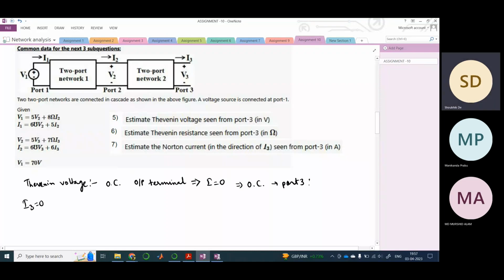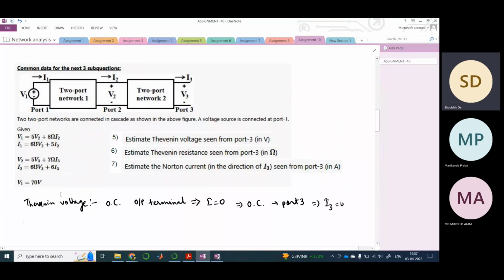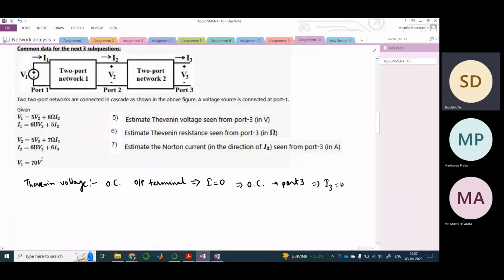Therefore your I3 is 0, right? So this equation will change now. Why? So V2 equals 5V3 and I2 equals 6V3. I hope you understood this. I'll just stop here because this is a very interesting problem.